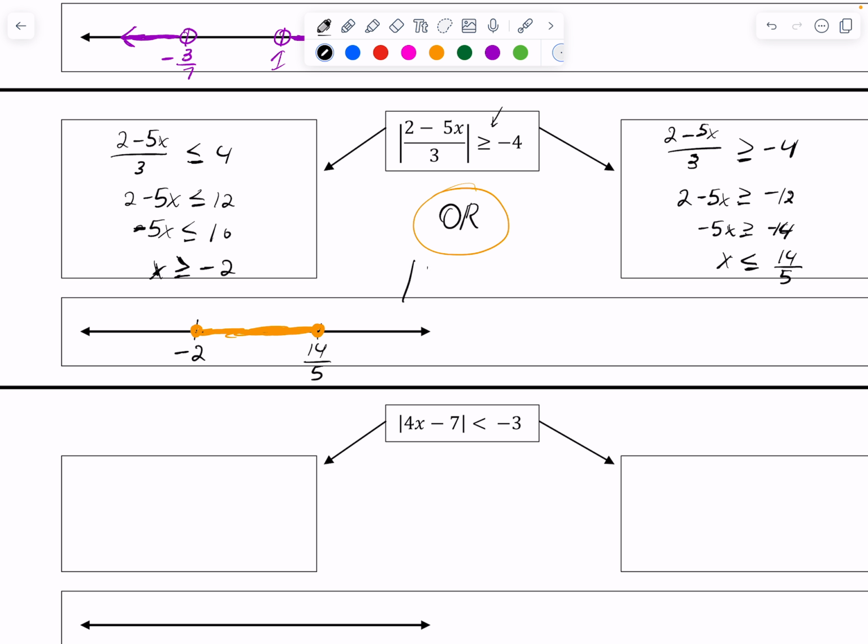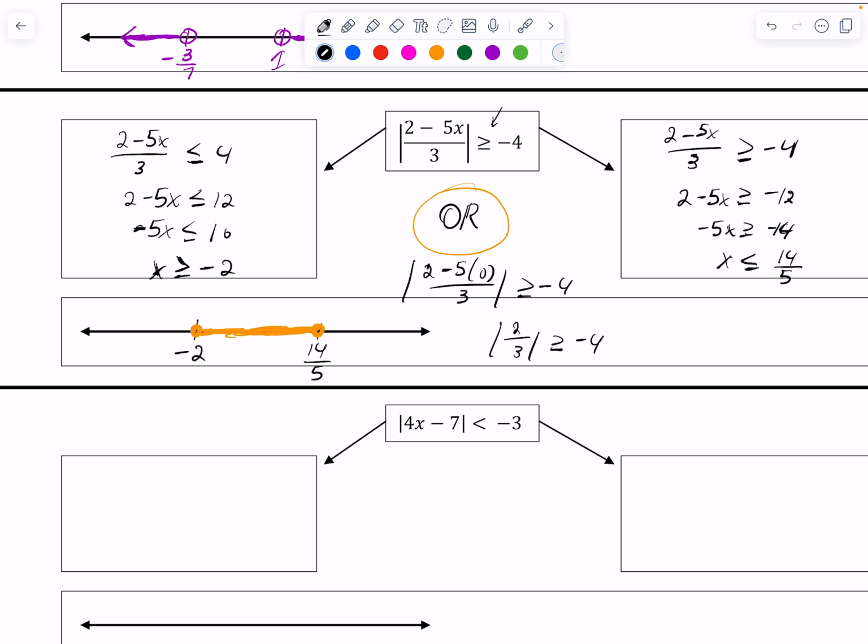Let's plug in 0. All right, 0 is in there, so it should work. Let's confirm. We've got 2 minus 0, which is 2/3, and that is going to be greater than -4.